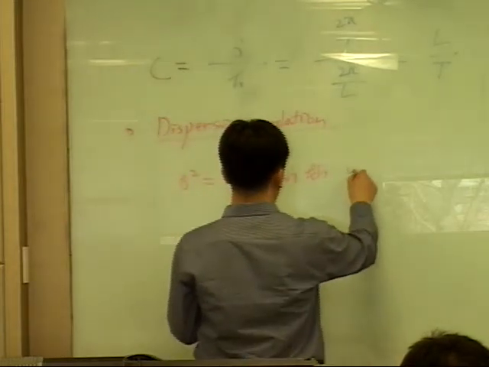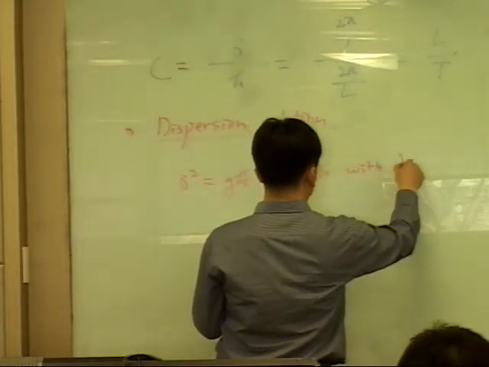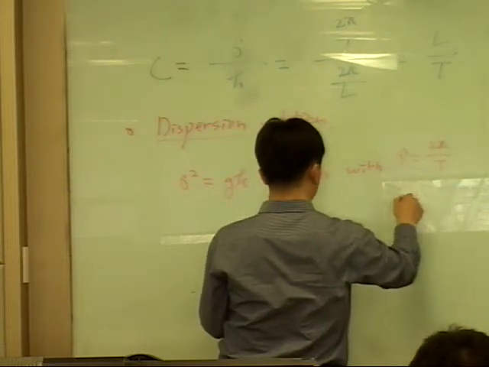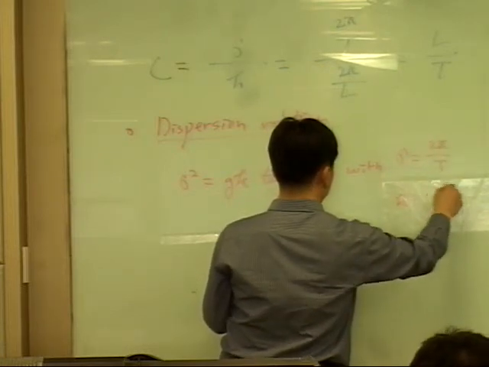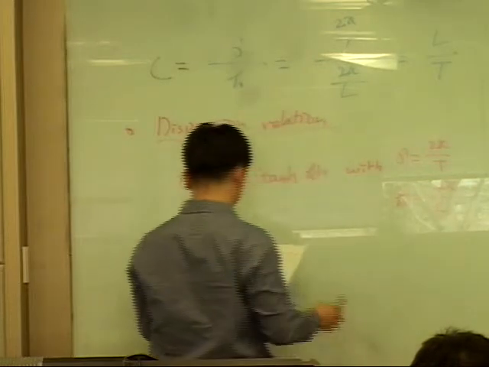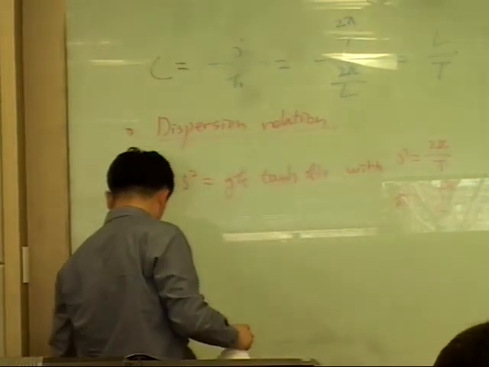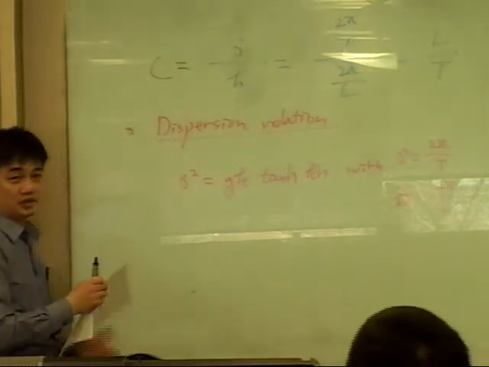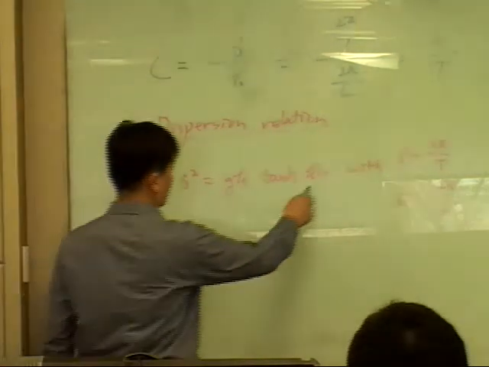With sigma equal 2 pi over T, k equal 2 pi over L, right? Here we have some unfamiliar function, hyperbolic tangent kh, right?